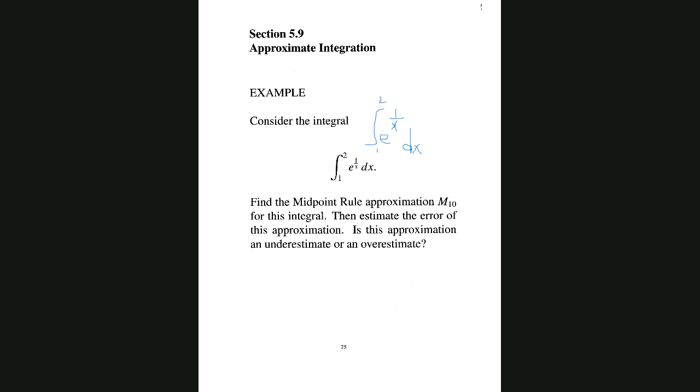Now, I can tell you that there's no antiderivative that I'm aware of for this integral. I think one time a student said he was going to try to find this antiderivative, and he spent like 4 hours and wasn't able to do it. He was looking to get a Nobel Prize, I guess. There's no antiderivative for this, so we have to use an approximation.